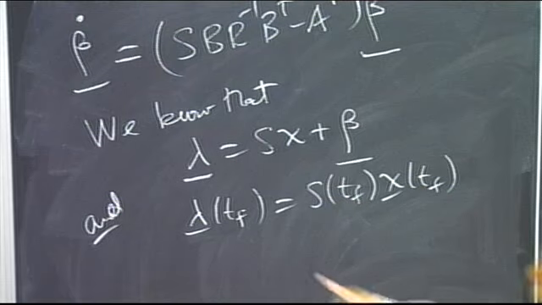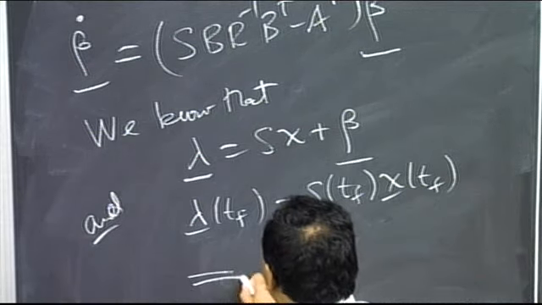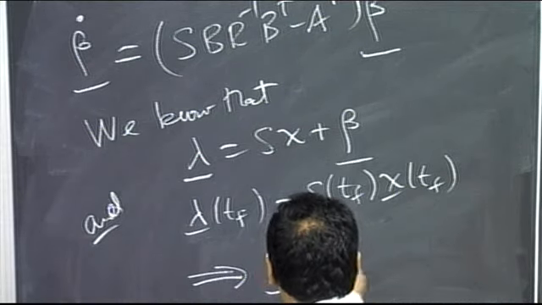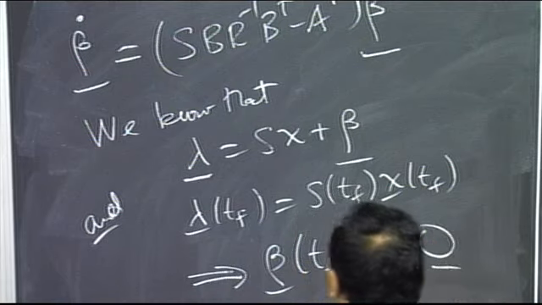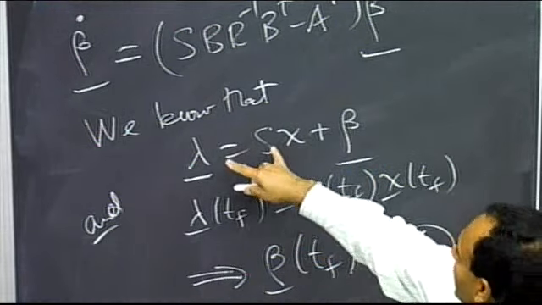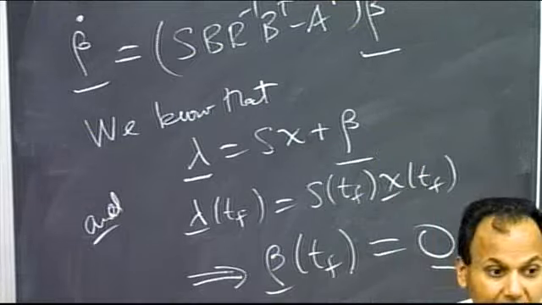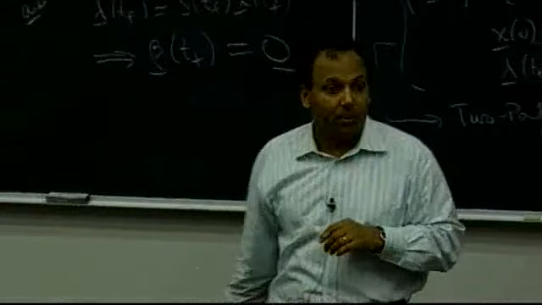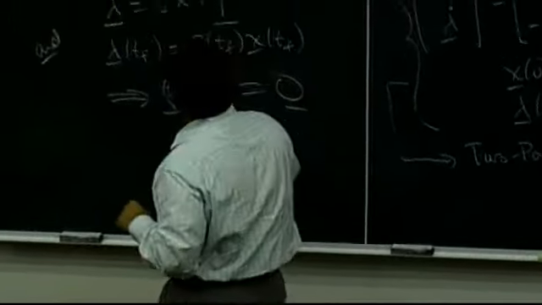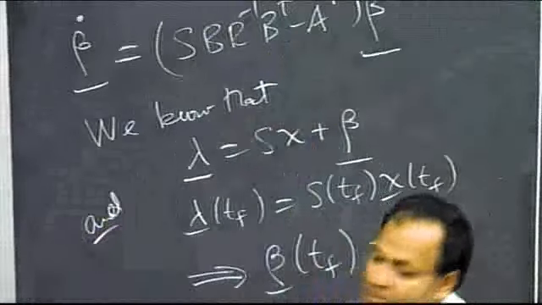So if this has to be true, beta at Tf has to equal 0. It's the only way, because if I put this back in here, these two things cancel each other out, so beta at Tf by definition has to equal 0 at that point. If beta at Tf has to equal 0, what kind of differential equation is this?